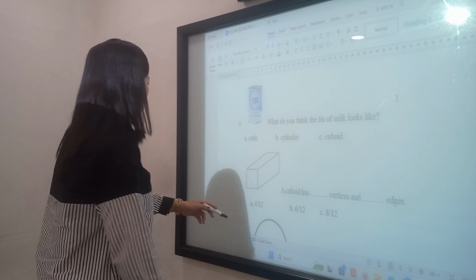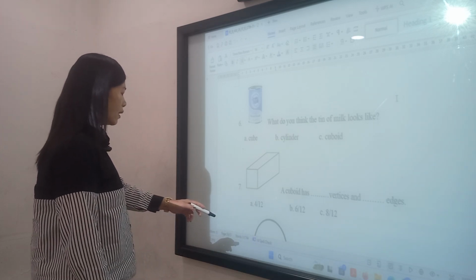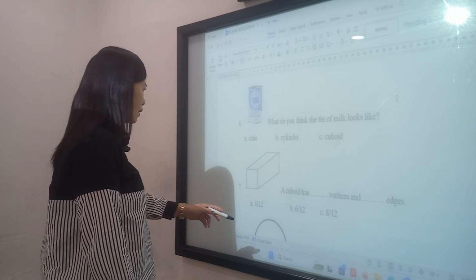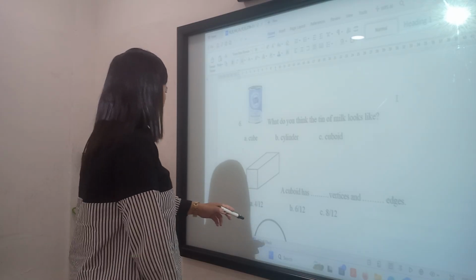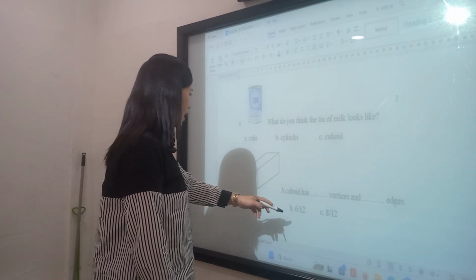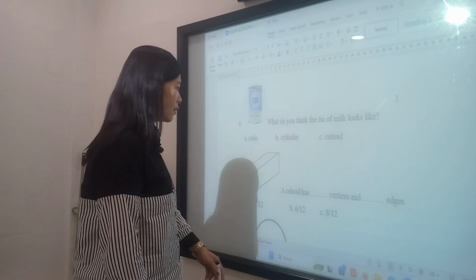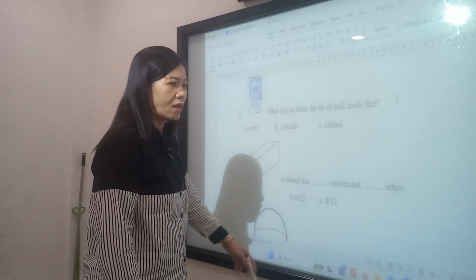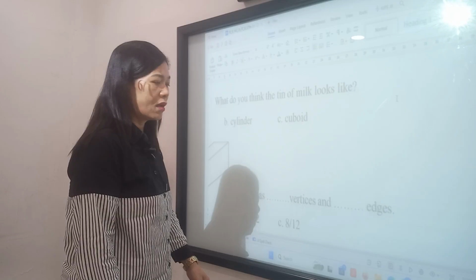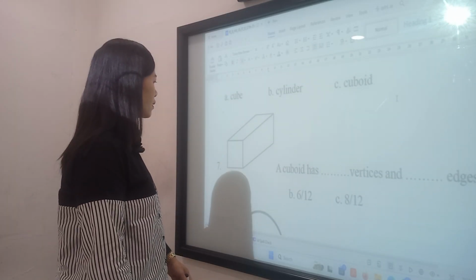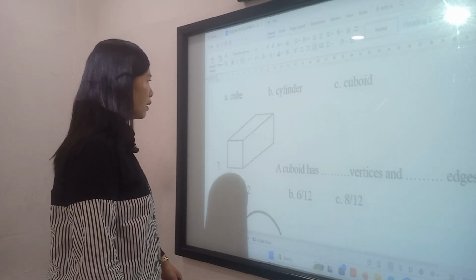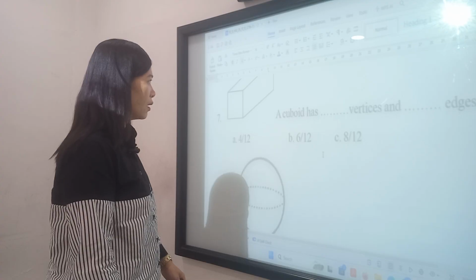Next. A cuboid has 8, C, 8, 12 vertices. See the answer: C, 8 vertices and 12 edges. Okay.